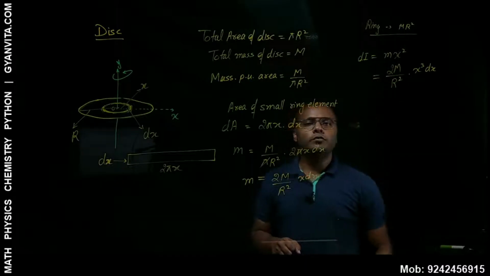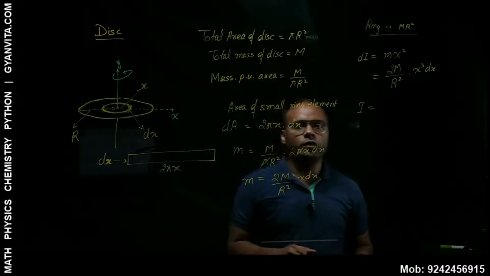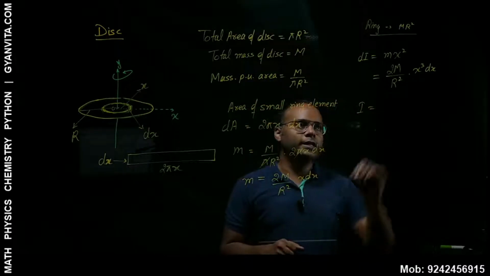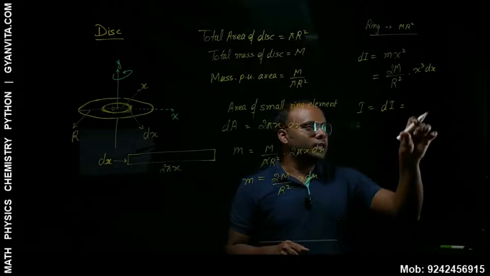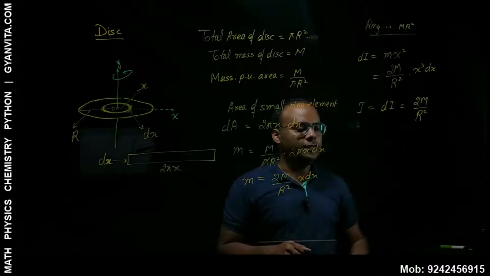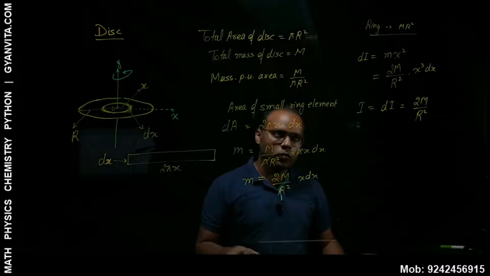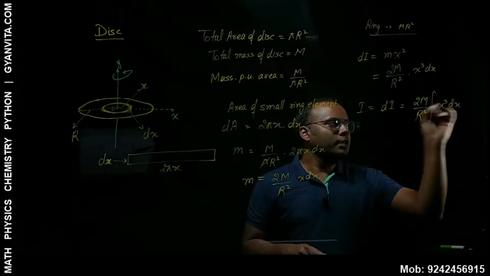Now what do we have to find? Total moment of inertia. So total moment of inertia will be the integration of dI. But what is dI? dI is this. Now in this, 2m divided by r square is anyways constant, so I'll keep this outside, and x cube dx. Now x varies, right?